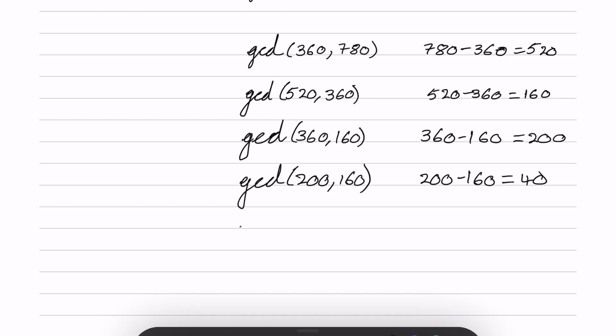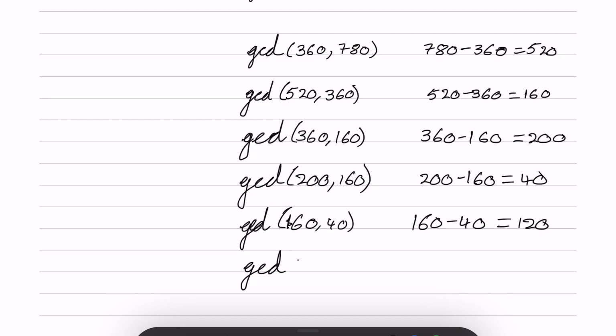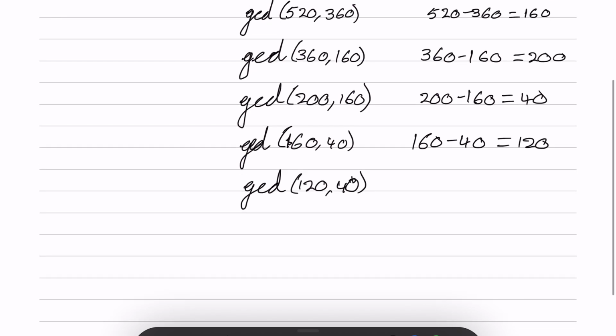Now again, performing this process, we get 360 minus 160 is equal to 200. So now we have the GCD of 200 and 160. Performing this again, 200 minus 160, we get 40. So now we have the GCD of 160 and 40.